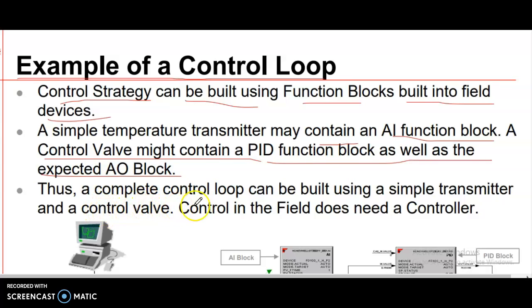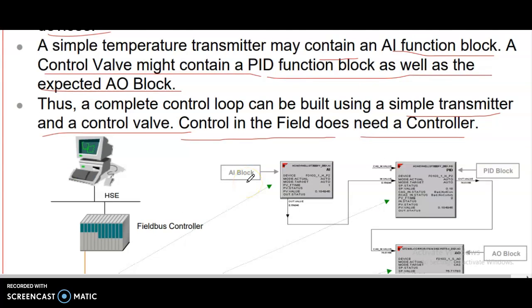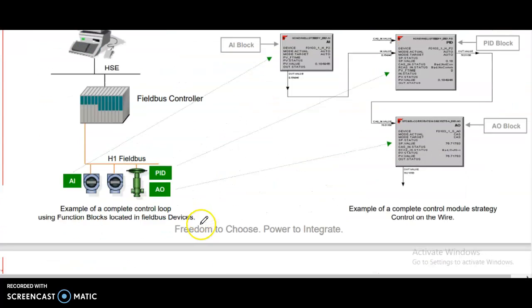Thus, a complete control loop can be built using a simple transmitter and a control valve. Control in the field, thus no need for a controller. Example of a complete control loop using function blocks located in Fieldbus devices.